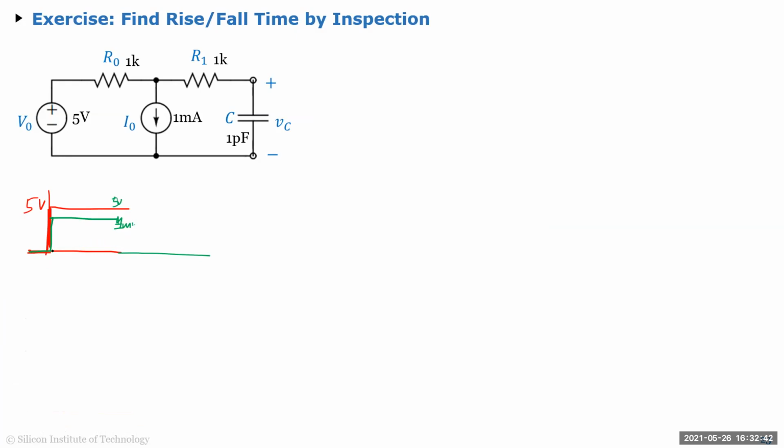So the output will start from 0 and go to some final value. I want you to find this final value, VC at infinity, and the time constant. Rise time, fall time, so basically TR and TF, and that will require you to find the tau as well.